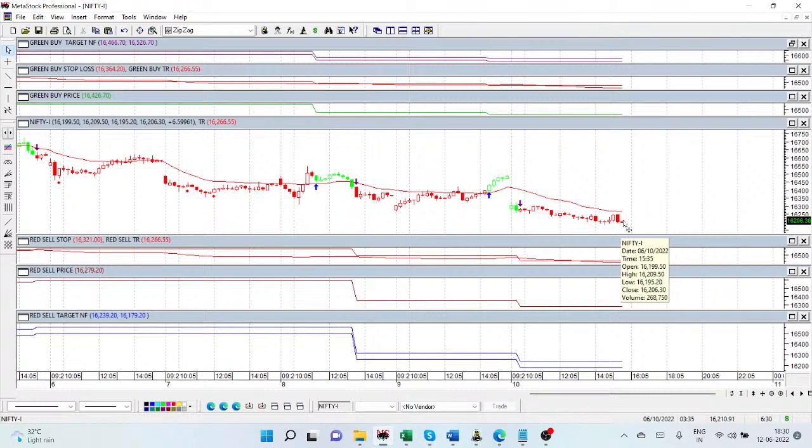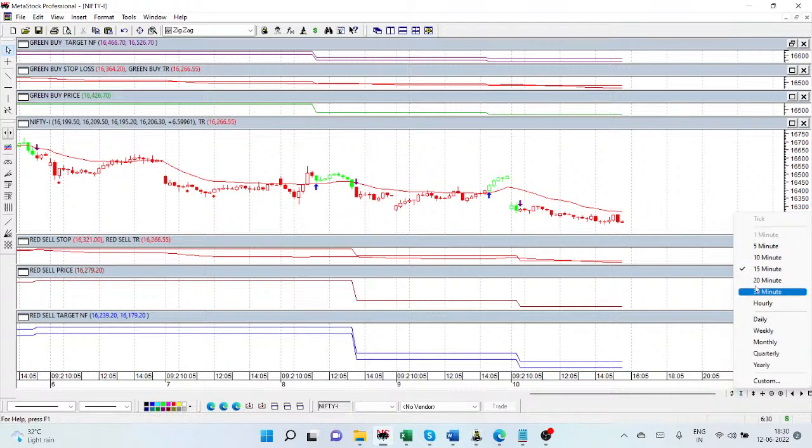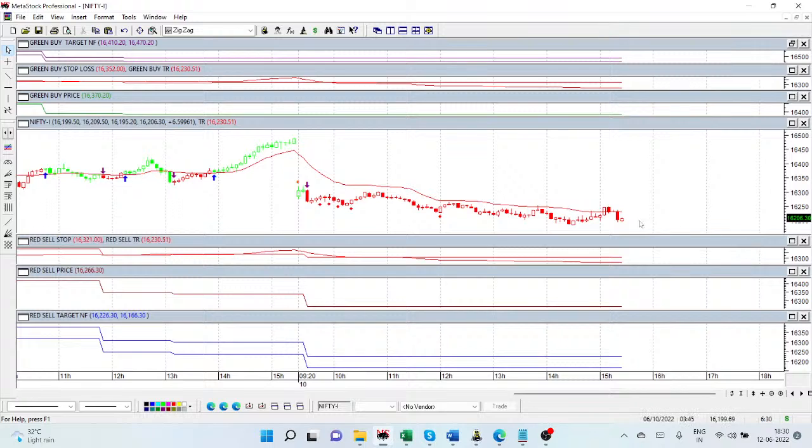Now this position is covered. So tomorrow, if we are playing the 5-minute on Monday, then I will have to wait for the next sell, which will come on the 5-minute chart. You might have an uptrend on the 5-minute and see a pullback rally tomorrow, that is the 13th of June.